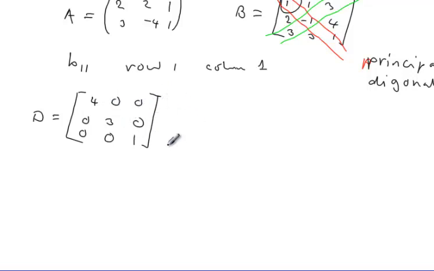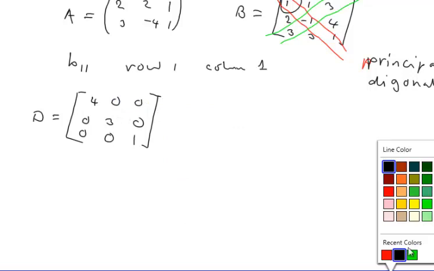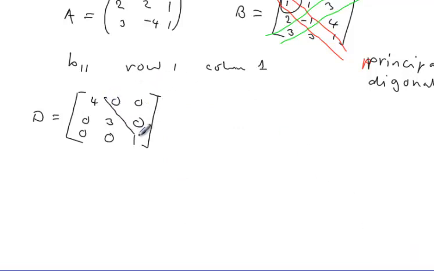Now, somewhere here, there, and there, we only have zeros. Then that matrix is called a diagonal matrix. When I'm saying diagonal matrix, everybody must understand what I'm talking about.